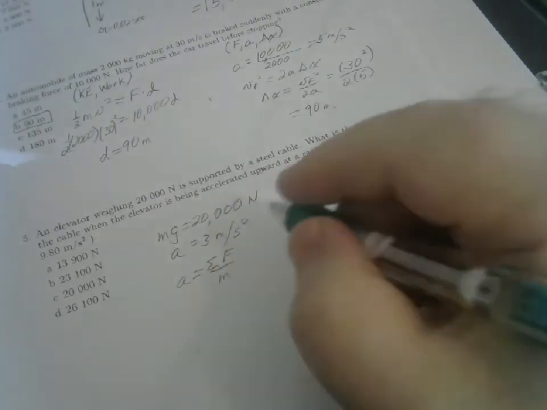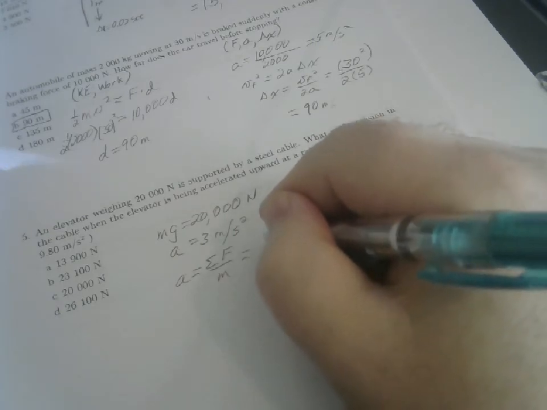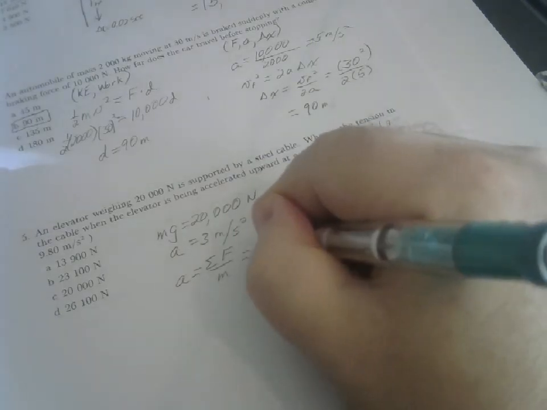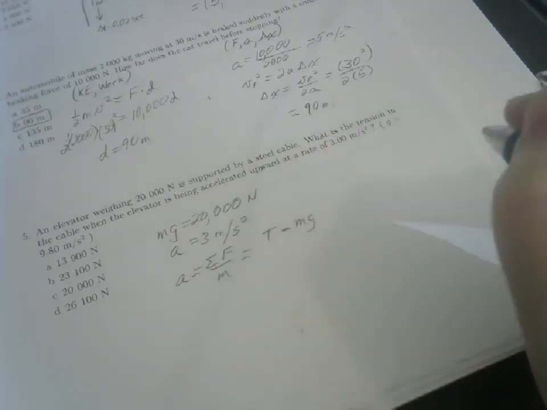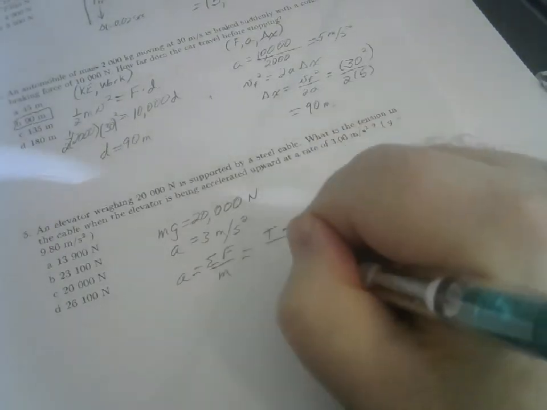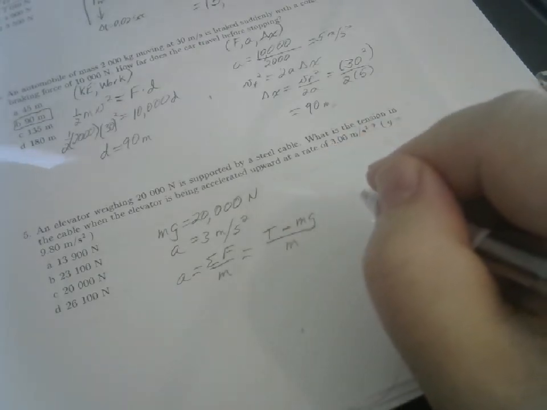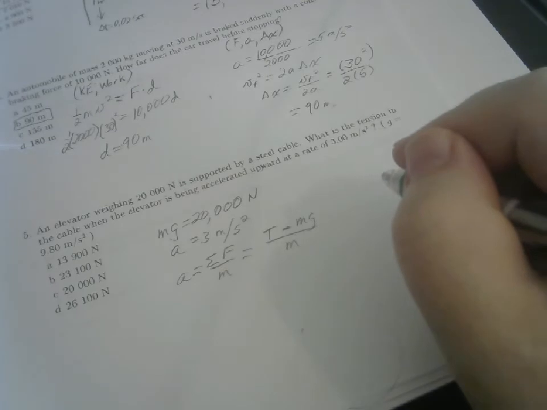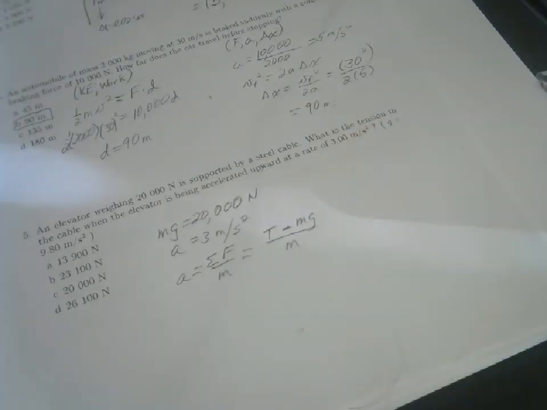So our sum of forces will be the tension acting upward minus mass times gravity acting downward, divided by the mass. We will have to calculate the mass, I guess.